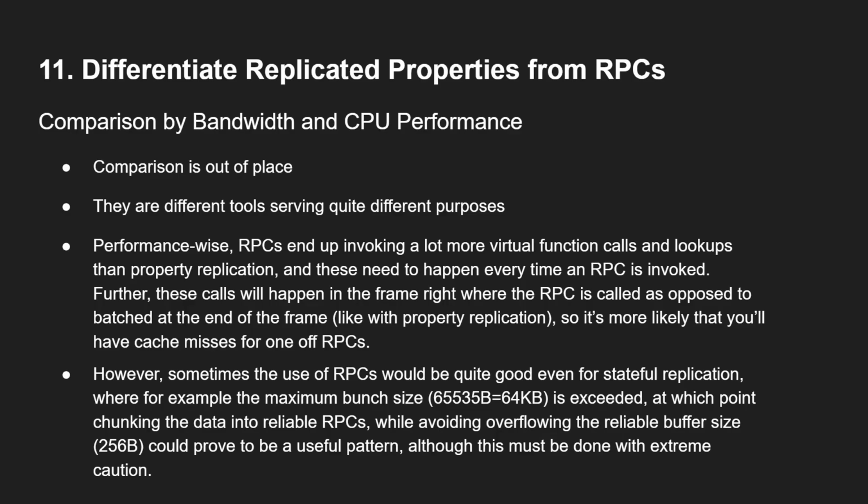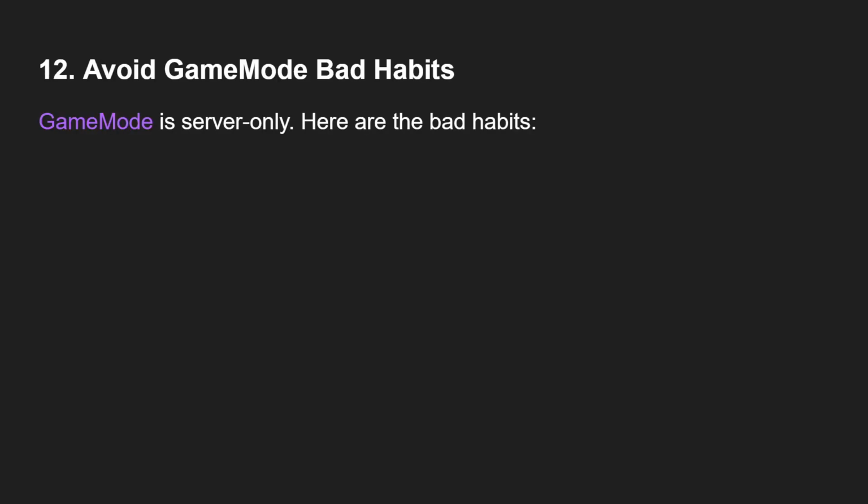In which case you would chunk your data inside RPCs and call these RPCs, and make sure that you combine this data on the client and use it for whatever you want. But again, this is something that I wouldn't be doing too often. This is something that you would do with extreme caution, because it could be really devastating if not used properly.